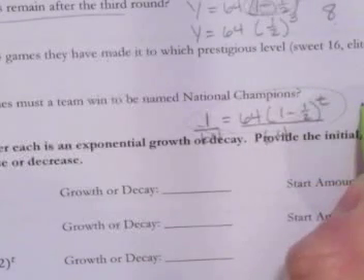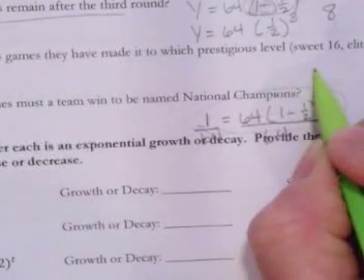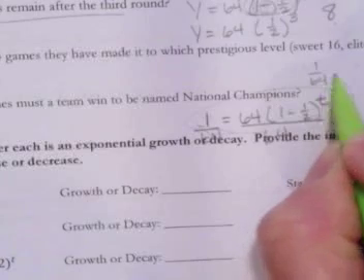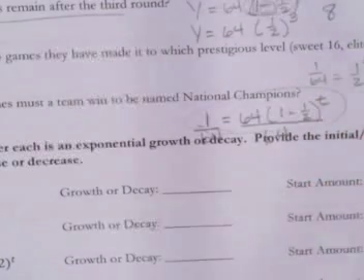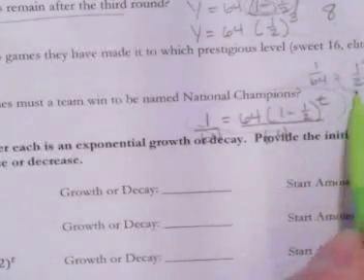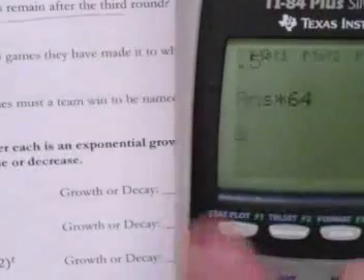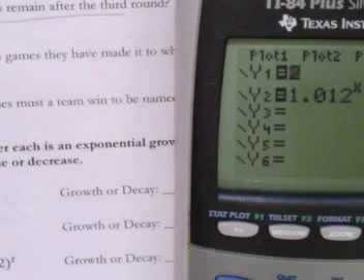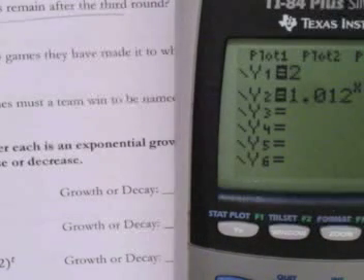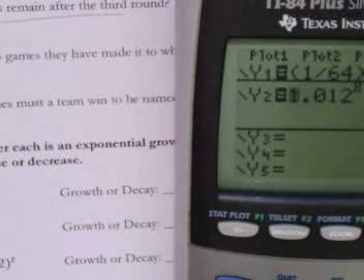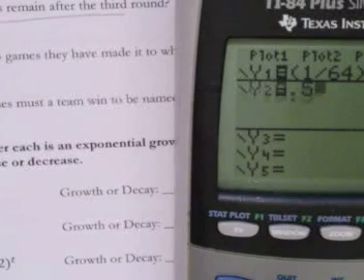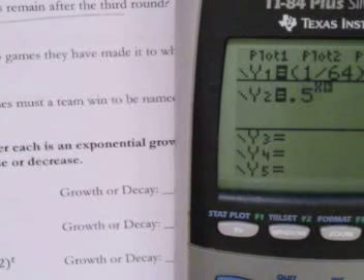So I'm going to divide both sides of this equation by 64, and I get 1 over 64 is equal to 1/2 to the T power. And again, because I'm solving for something in my exponent, I'm going to need to do that using my calculator. So on the left-hand side, I have a really small number, 1 divided by 64. And on the right-hand side, I have 0.5 to the T power.